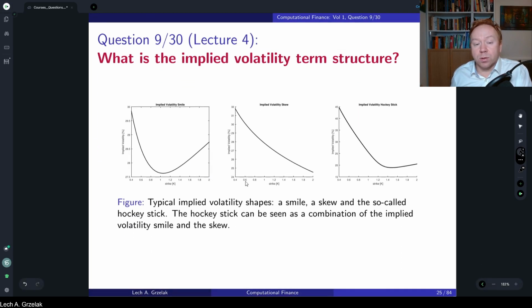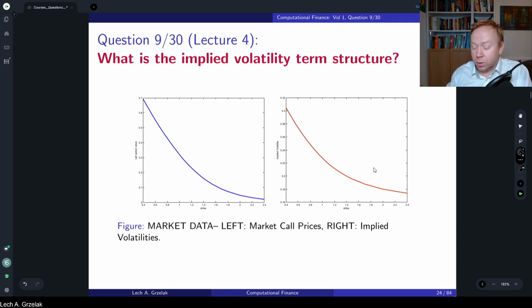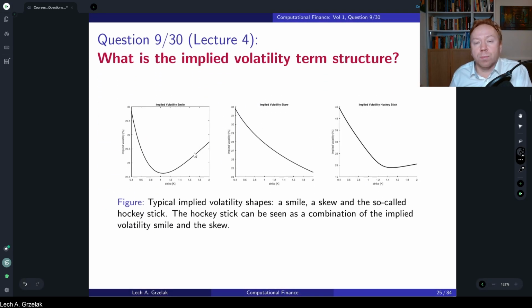And now, if we look further, what are the possible shapes of implied volatilities? In this case, we considered implied volatility skew. However, there are also other possibilities. Implied volatility smile. Here's the skew that we have just seen. And also we could have a hockey stick, so you see it resembles a hockey stick. So there are multiple different shapes of implied volatilities.